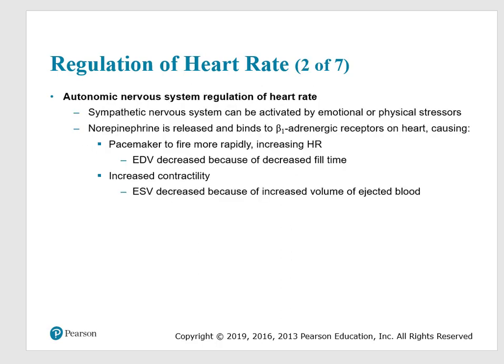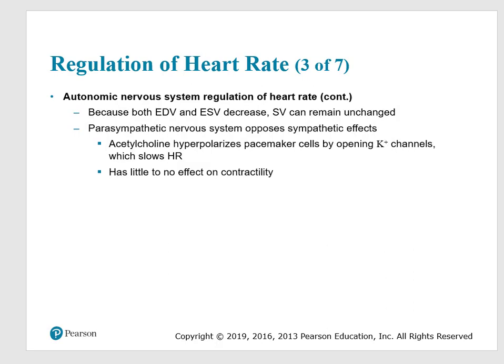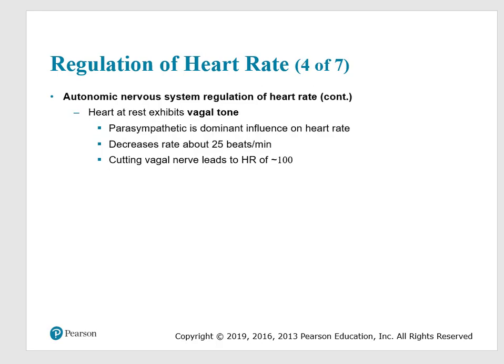So here are your epinephrine and norepinephrine, the sympathetic division, increasing your heart rate by increasing the pacemaker activity of the SA node, increasing the heart rate directly, and contractility also increases with epinephrine and norepinephrine. Parasympathetic, on the other hand, is a negative chronotropic agent, reducing the heart rate directly.